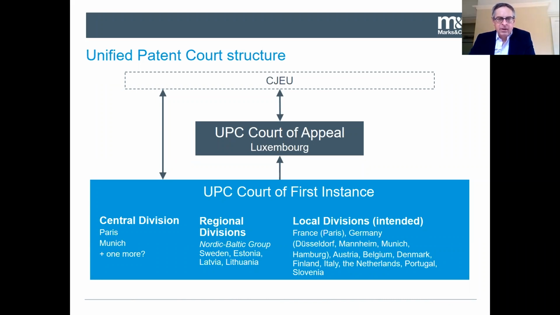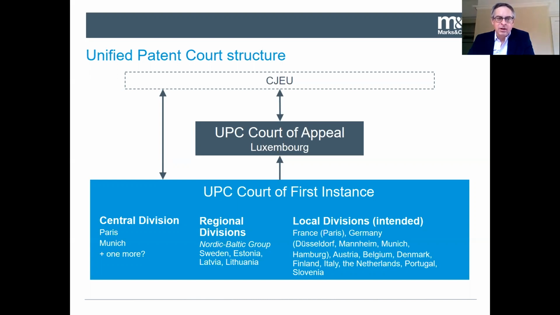On appeal, there is a single court of appeal in Luxembourg, and this court will be able to hear appeals on both substantive legal matters, such as infringement and revocation, and also on procedural matters. What is very important about the fact that there is only one court is that this should result in proper harmonization of law and practice of the UPC across all divisions.